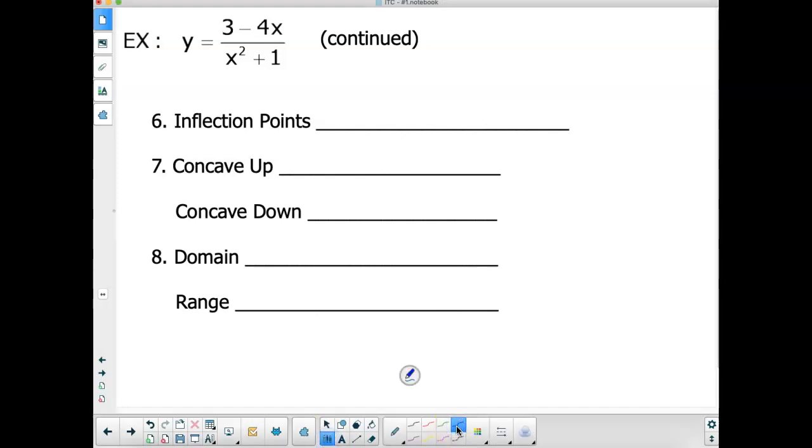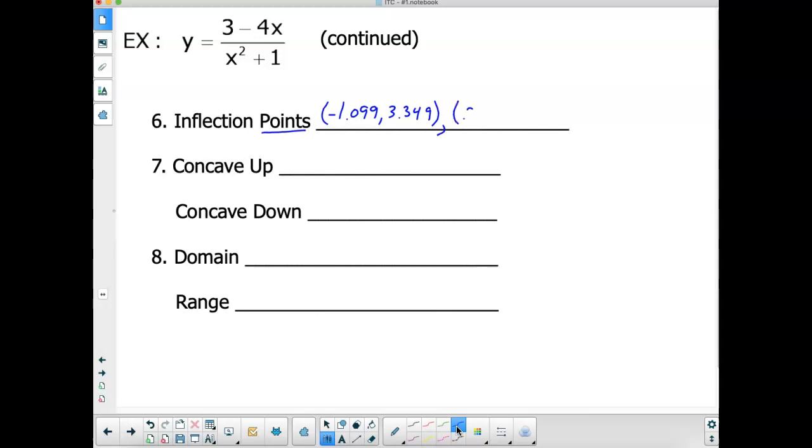The points of inflection are listed as ordered pairs. So I have negative 1.099, comma, 3.349. Now, because these are points, these are not intervals, they are not unions, they are independent.